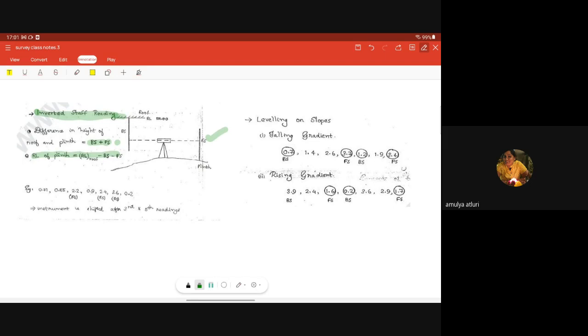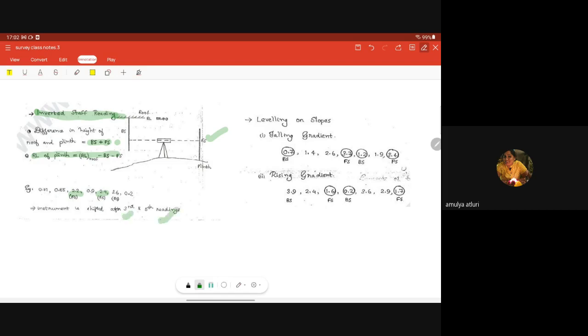Next, you can see it. If a few level points are given, they ask you to identify what is FS and what is BS. Can you do it? If there is an improvement in the level, then we can take it as FS. Here you can see 2.2, 2.4. These levels are foresights and backsights. The instrument is shifted after the third and fifth reading.